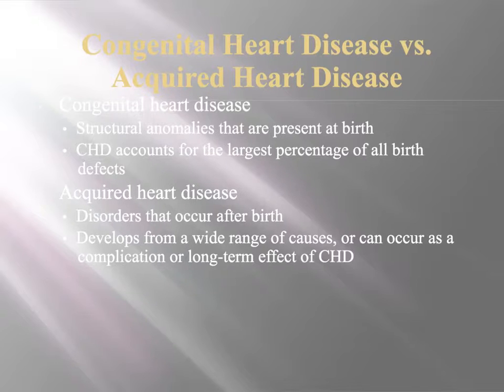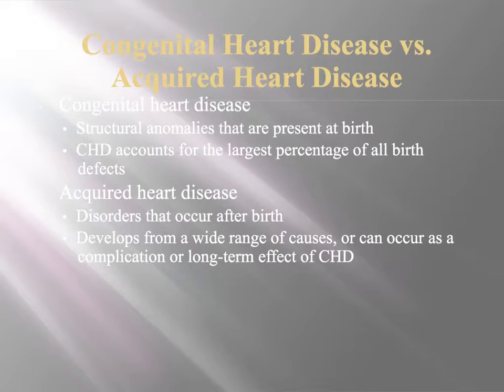Acquired heart disease. So these are things that are a result of an underlying cardiovascular problem. Okay? That are things that occur after birth. So like heart failure. So rheumatic fever. We learned about rheumatic fever in growing family.